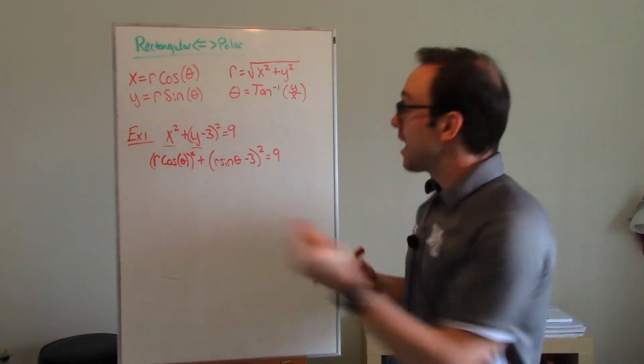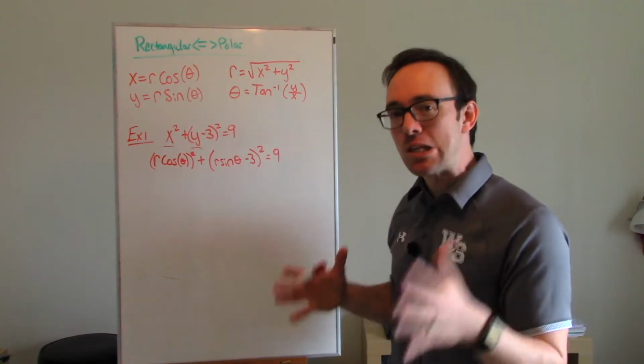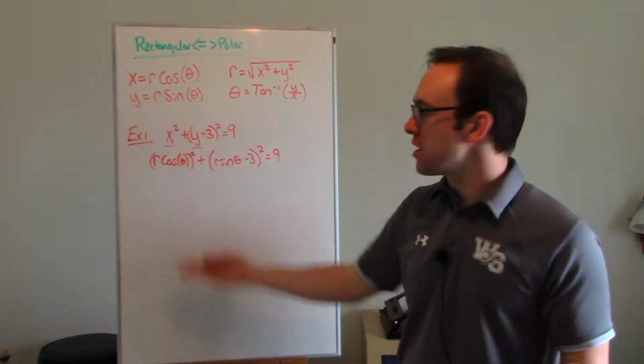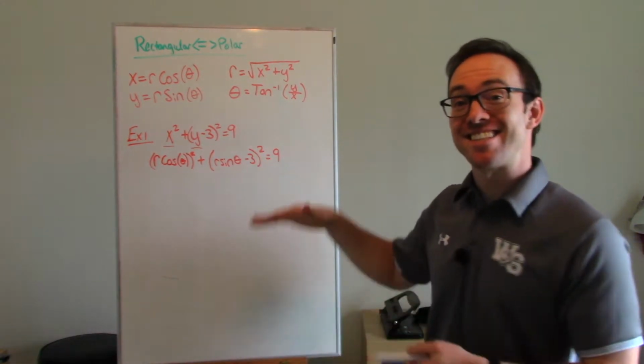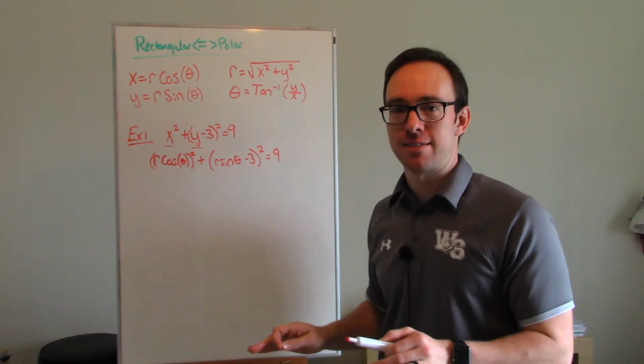So now that we replaced them, what we're going to do is simplify. It's a little tedious in here as we go through because you're going to distribute your squared to the first piece. Okay, so you're going to have r squared cosine squared. And then the second piece, you're going to have to go through and FOIL this.